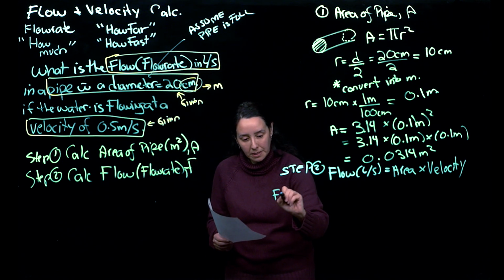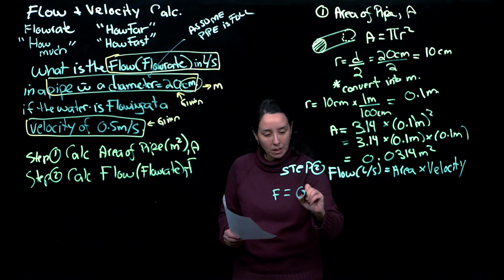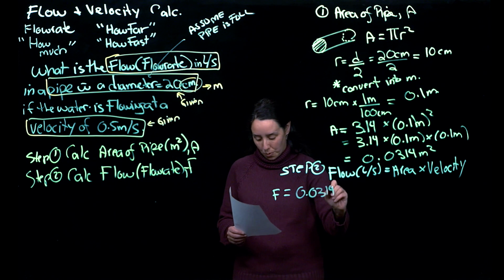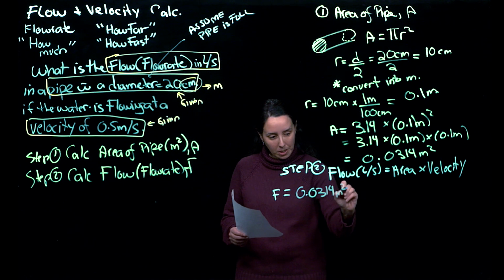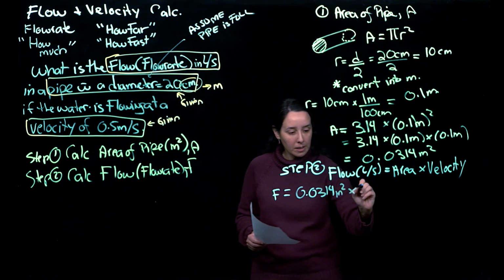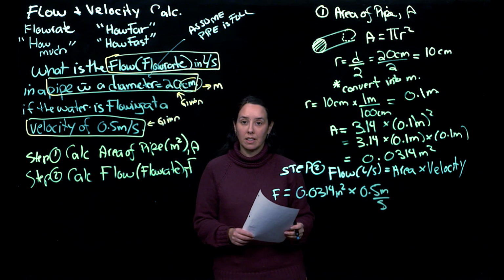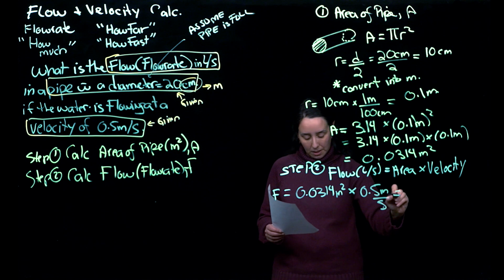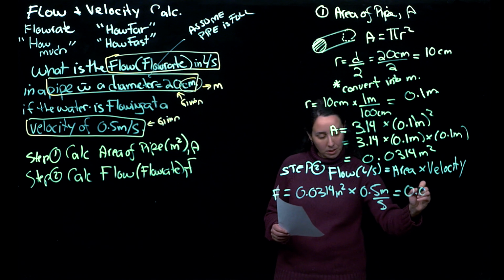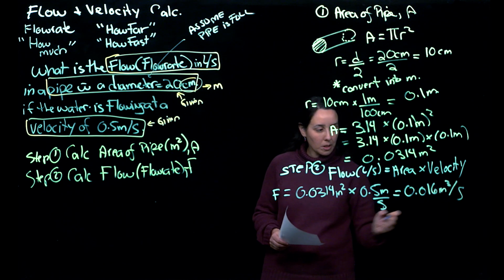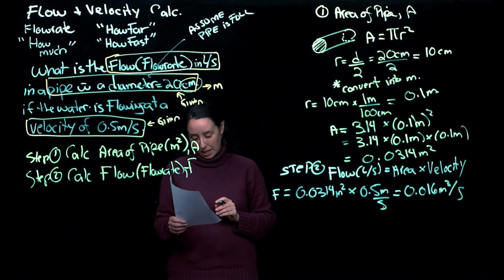So F is equal to our area value, 0.0314 meters squared, times 0.5 meters per second. And that would give us 0.016 meters cubed per second.